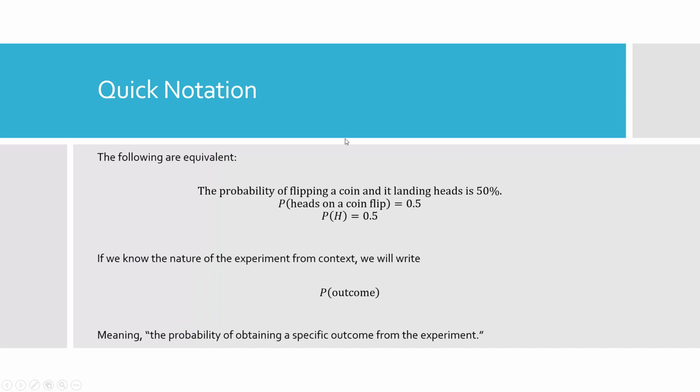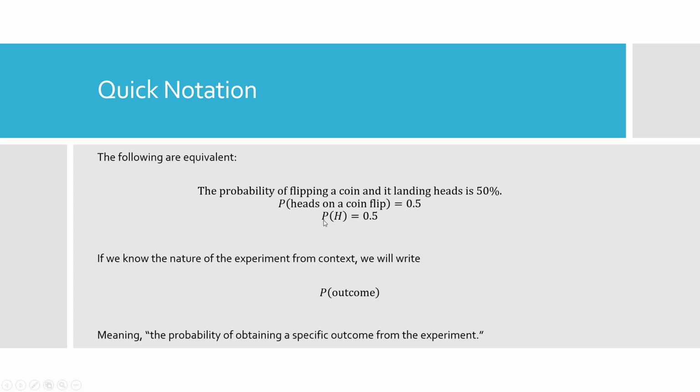So just some quick notation for you here. When I say P outcome, that is saying the probability of getting my specific outcome that I'm considering for the experiment at hand. If the experiment is known by context or from your writing, you don't have to write it out. But if there's not a lot of context to go on, or there are multiple experiments in the same vicinity of your writing, then maybe you'll want some more words.